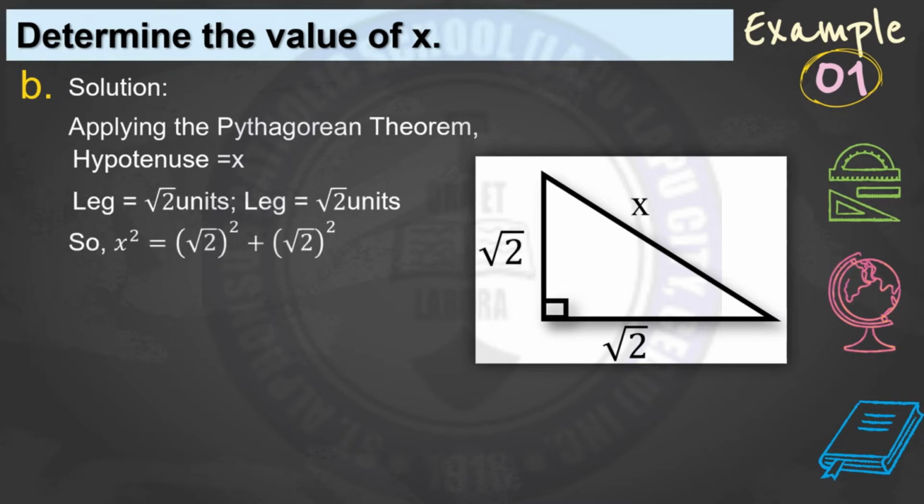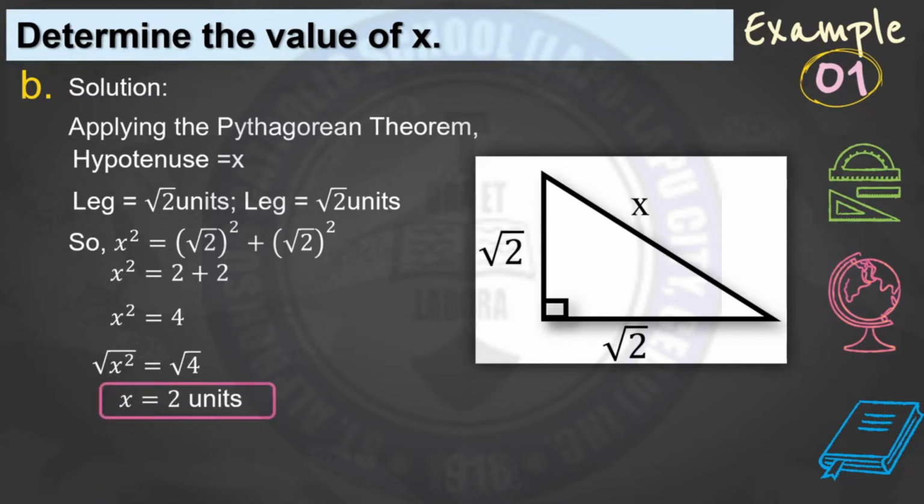So x squared is equal to quantity square root of 2 squared plus quantity square root of 2 squared. Simplifying, the square of square root of 2 is 2. So 2 plus 2 is 4. Extracting square roots on both sides, x is equal to 2 units.